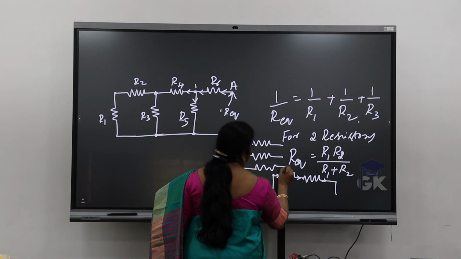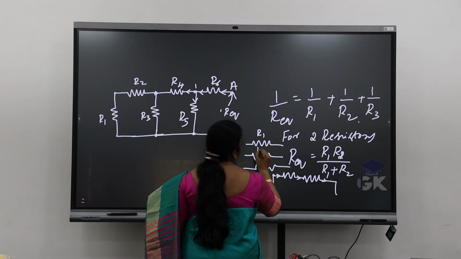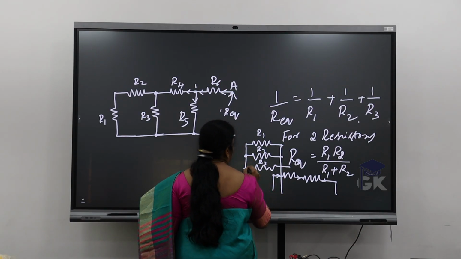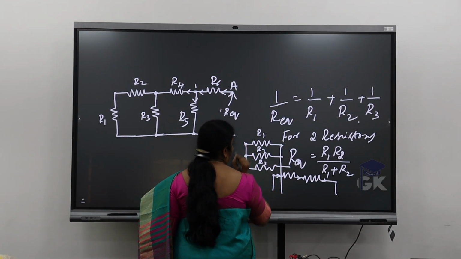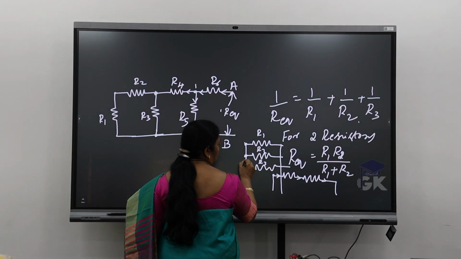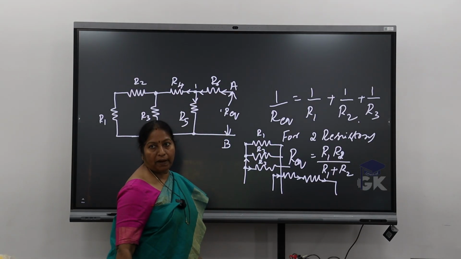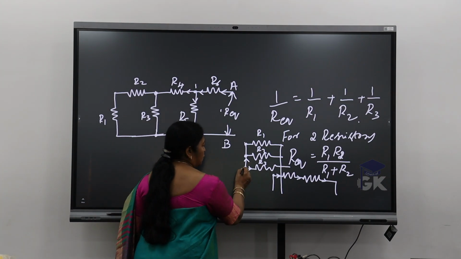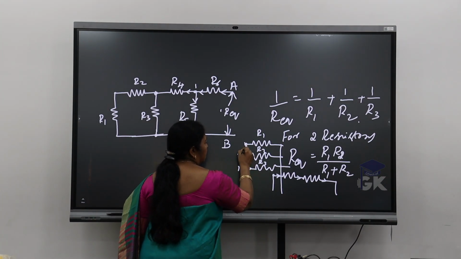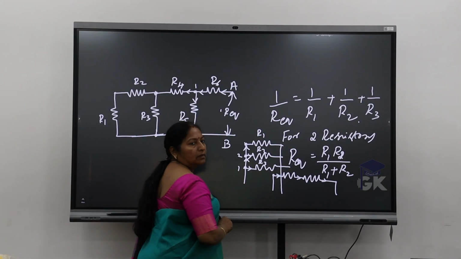When I connected 3 resistors R1, R2, R3 in parallel, and if I look into this, see, at this one you can observe that this is one branch. Correct? 2 branches divided at this junction, the first junction. At the second junction, again what happened? 2 branches. Right?